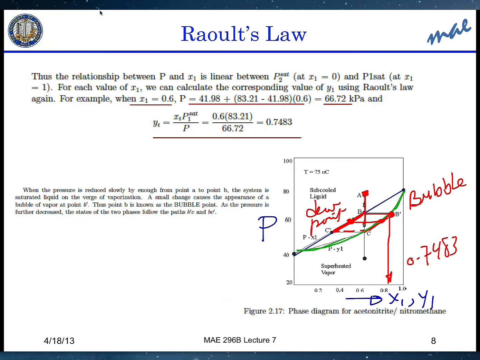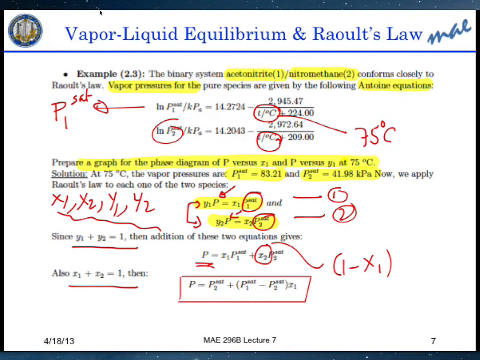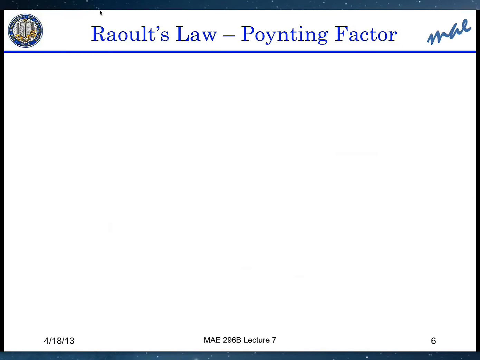So let's go back now and see how we're going to derive this Poynting factor, which is a slight modification of the original Raoult's law.